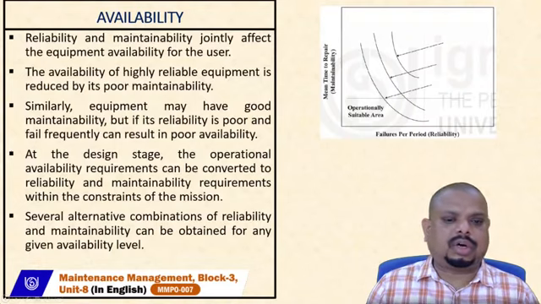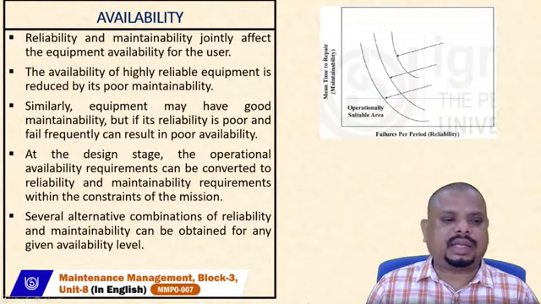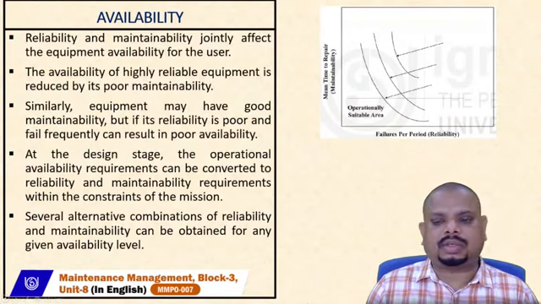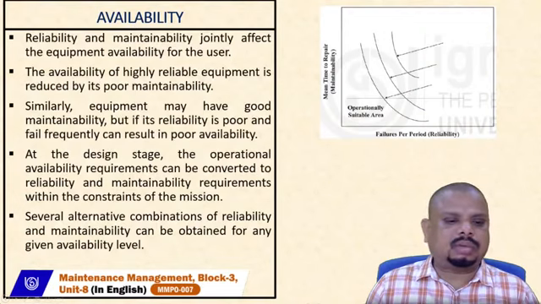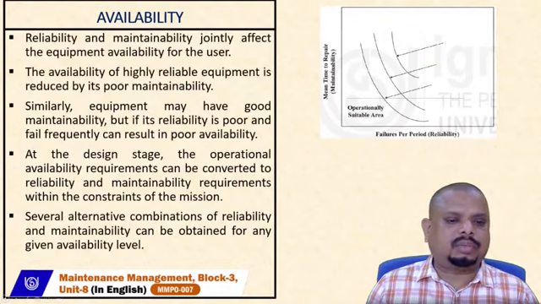It is the duty of the manufacturer during the design stage that the operational availability requirement can be converted into reliability and maintainability requirements within the constraints of the mission. So what is the constraint of the mission? For example, you are using various complex machines, like CNC machines. CNC stands for computer numerical control, and many complex and precise parts are there.